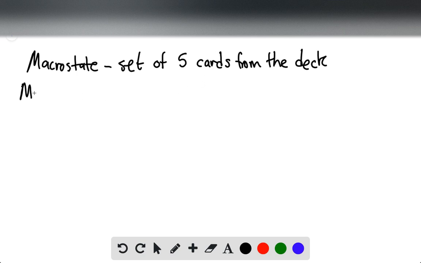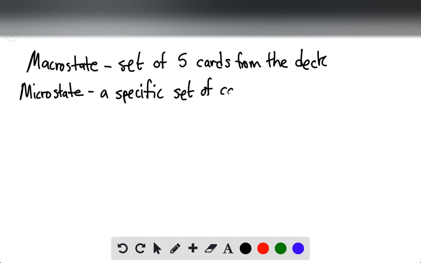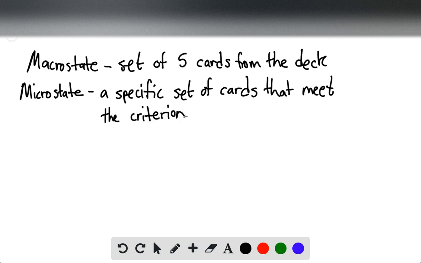And then the microstate would be, in a way, constituents of the macrostate. So we say that a microstate would be a specific set of cards that meet the criterion of a macrostate.